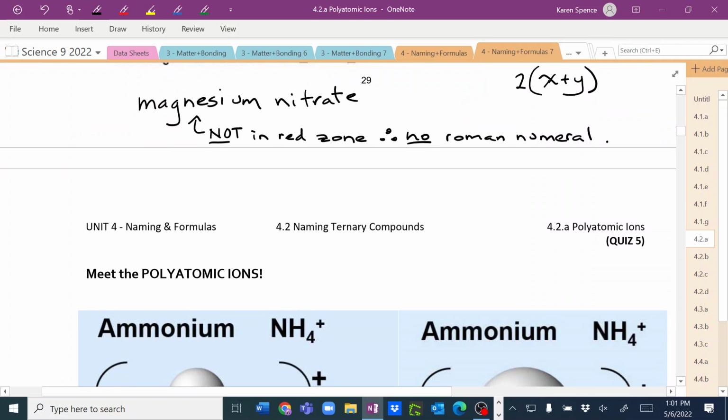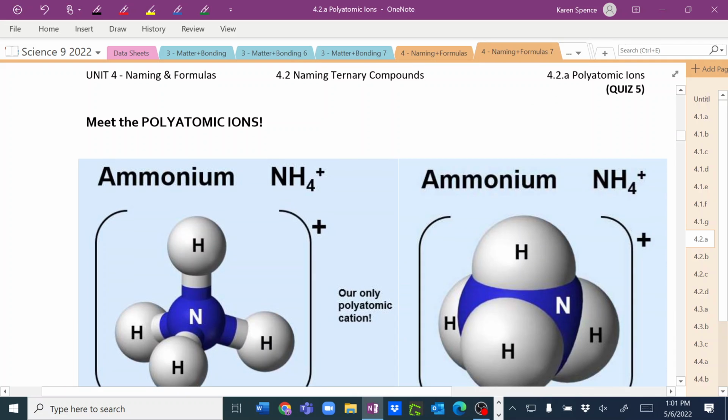All right. We're not going to meet all the polyatomic ions today. We're just going to meet a few. Like I said, we will revisit this worksheet, but we will look at ammonium. Ammonium is special because it is one of only 2 polyatomic cations.